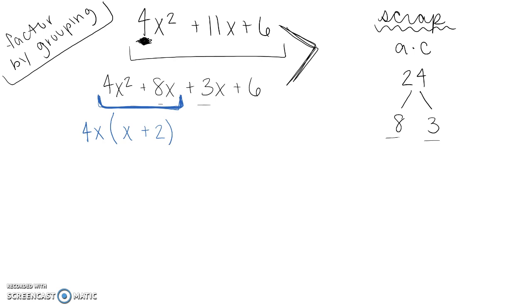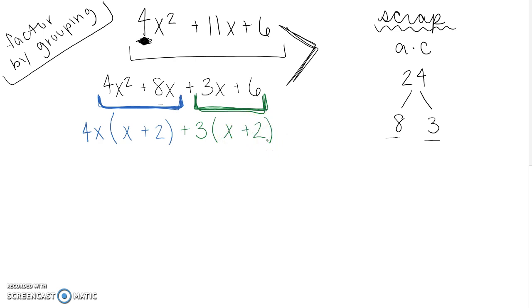Now, what you're going to do at the same time is look at this second group. Okay? And we're going to factor it. So what do 3x and 6 have in common? Well, they both are divisible by 3. So we have a positive 3. 3x divided by 3 is x, and 6 divided by 3 is 2.